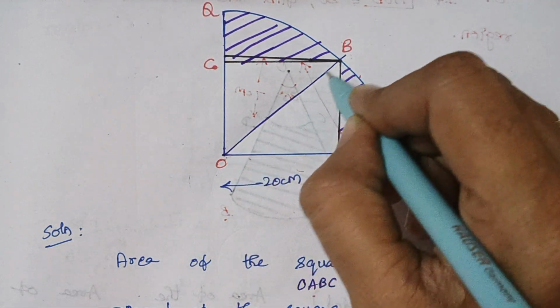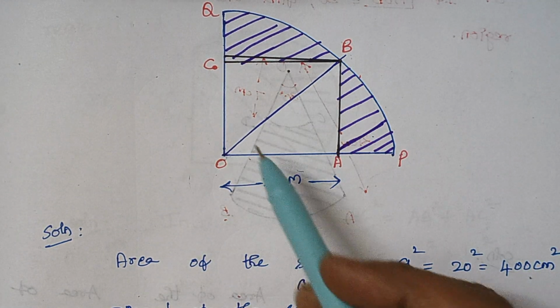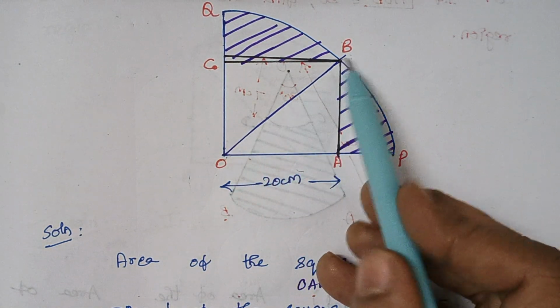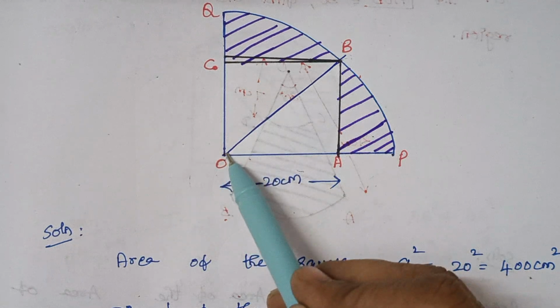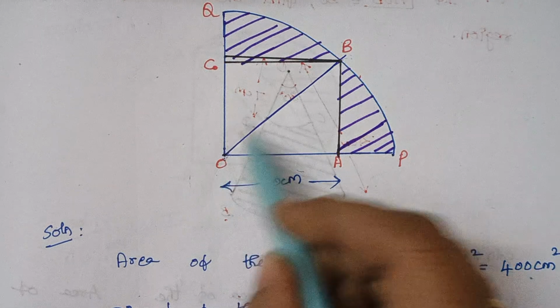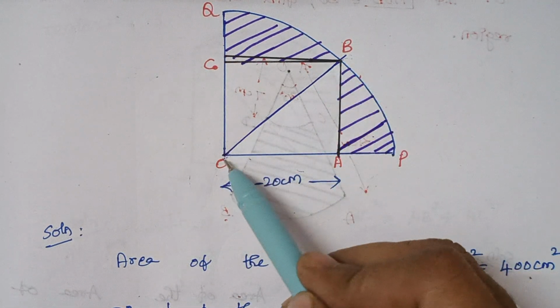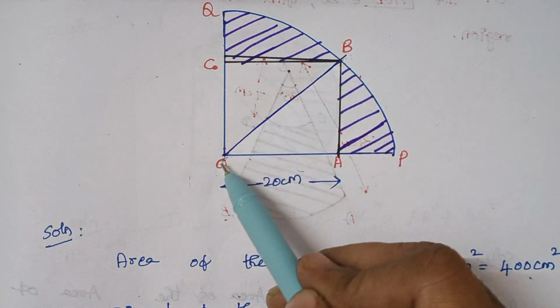This is one diagonal and this is another diagonal. Why are we calculating the diagonal? Because it forms the radius, as it connects the center to a point on the circumference. So this is the radius of the respective sector.